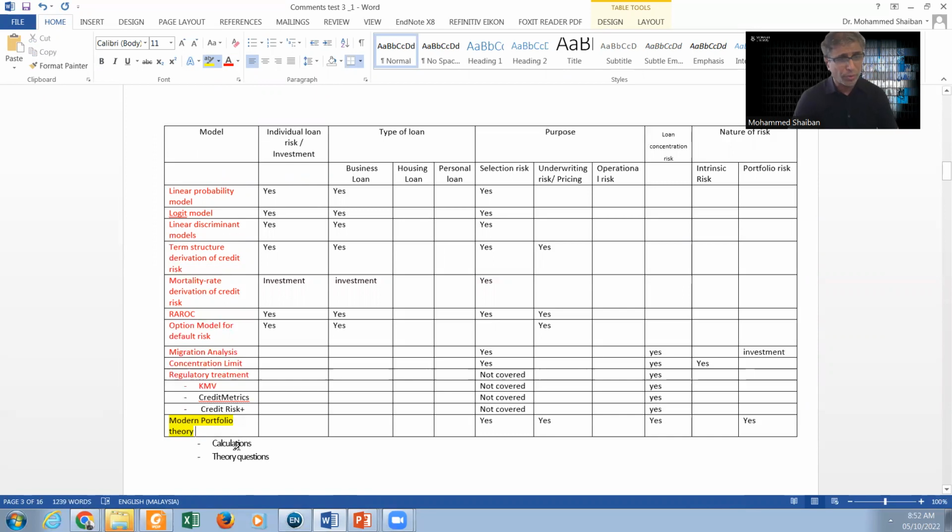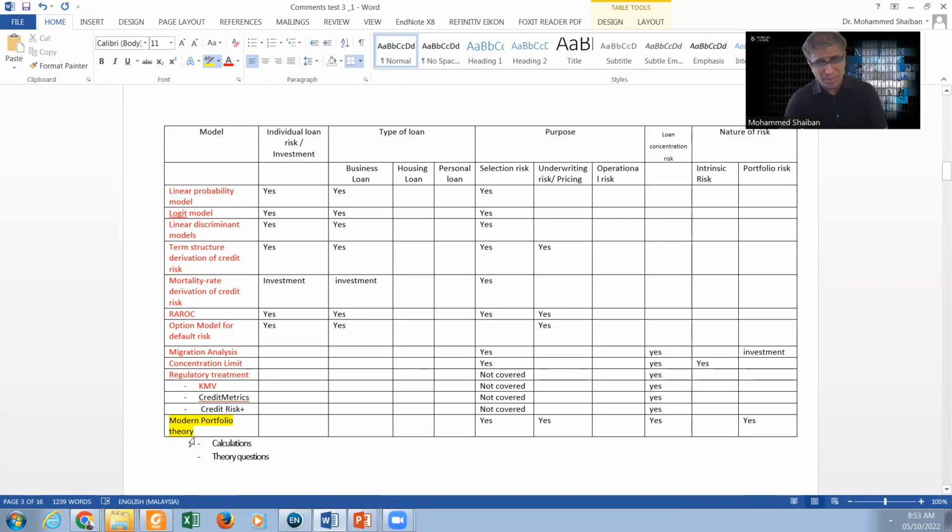So modern portfolio theory, look at it. We have problems in the slides. We built it in the slides. I explained it a little bit in the tutorial, but most of it is actually in the slides. I think we have one or two problems, and we have discussed it in the workshop. Look at workshop 8.